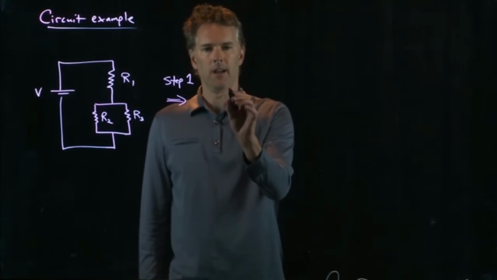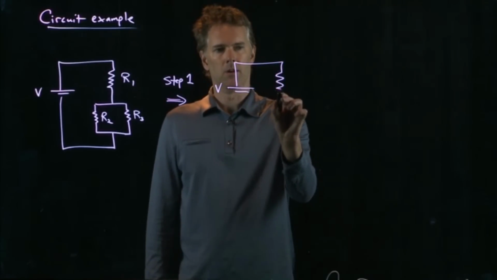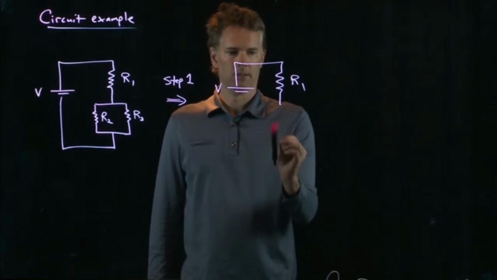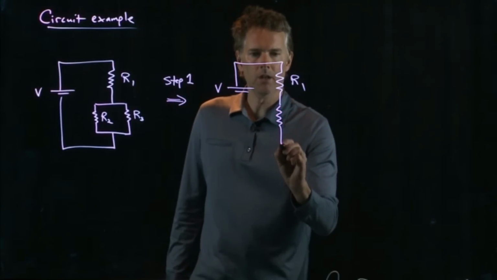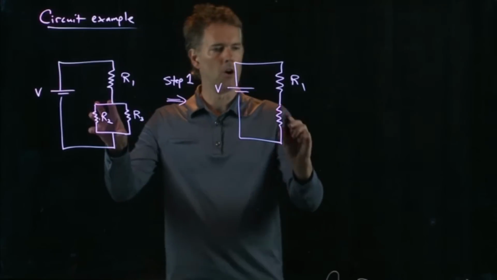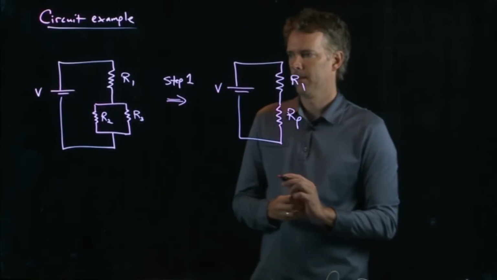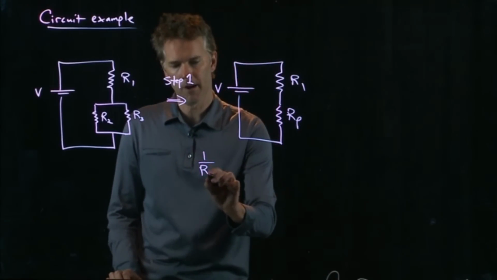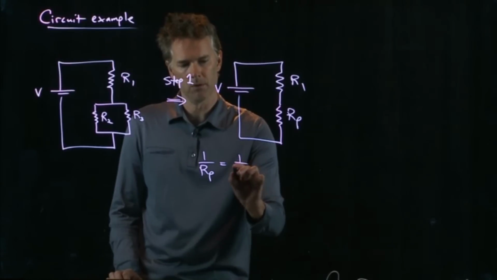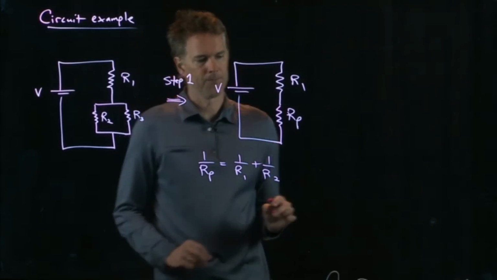So if I do that, I can rewrite this as the following. R1 is still there. We haven't changed it. But this one becomes R parallel. Okay? And we know what R parallel is because 1 over R parallel equals 1 over R1 plus 1 over R2.